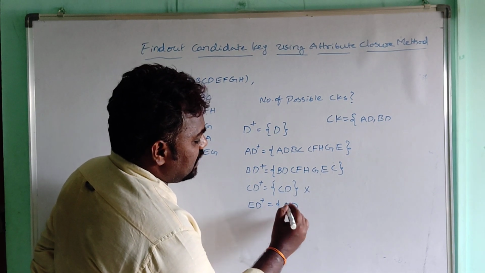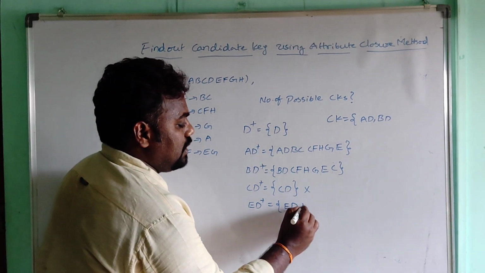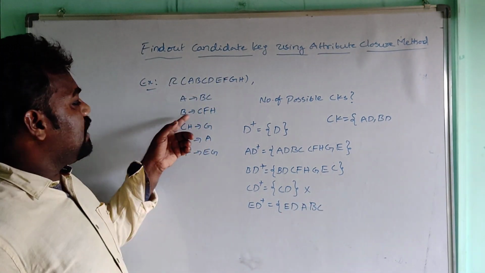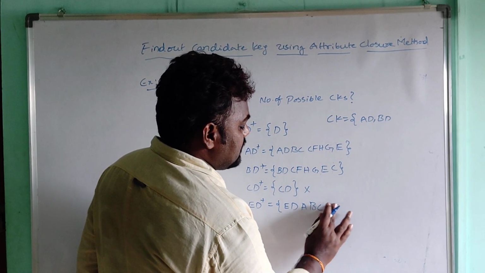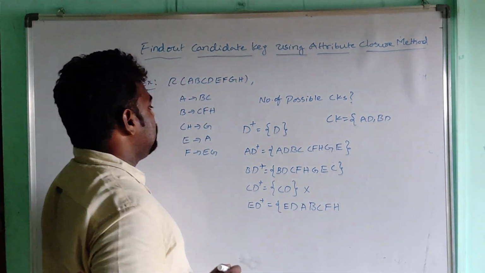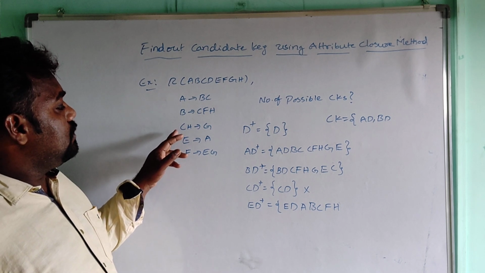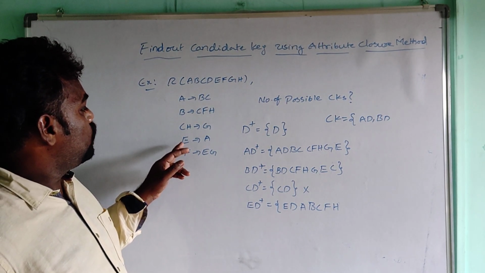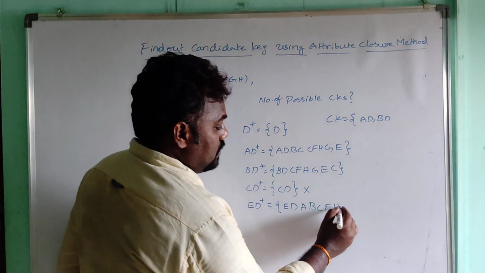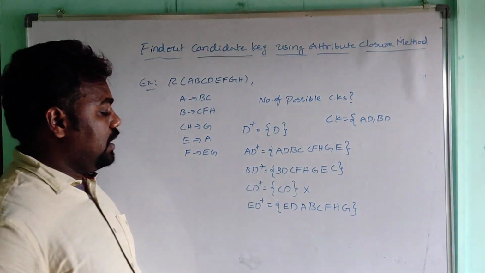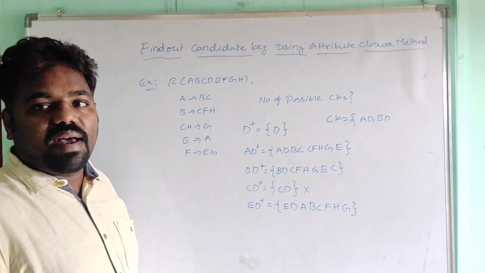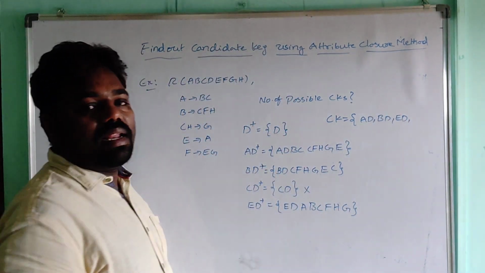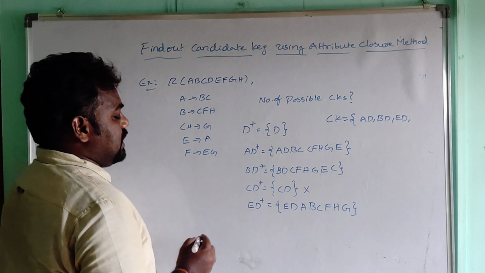Here ED determines ED, E determines A, A determines BC, then B determines CFH, C is also there, FH, then H determines G. The ED can also determine all the elements in the given relation. We will see other combinations.